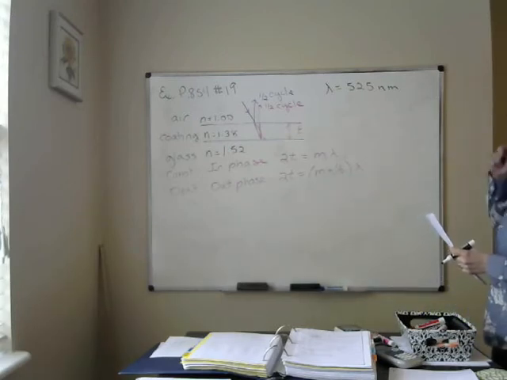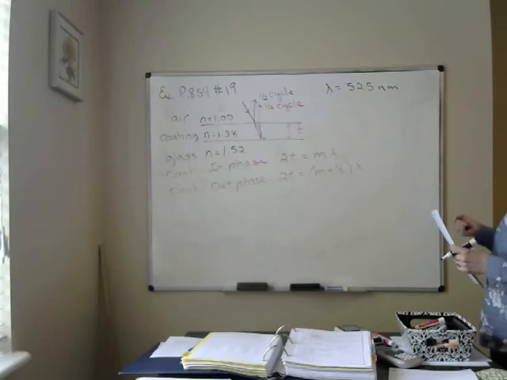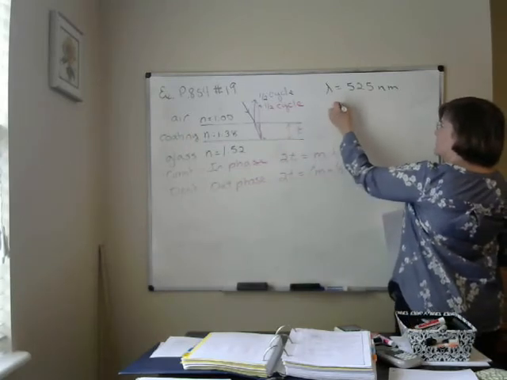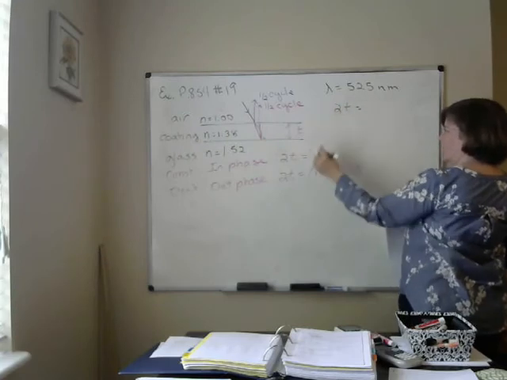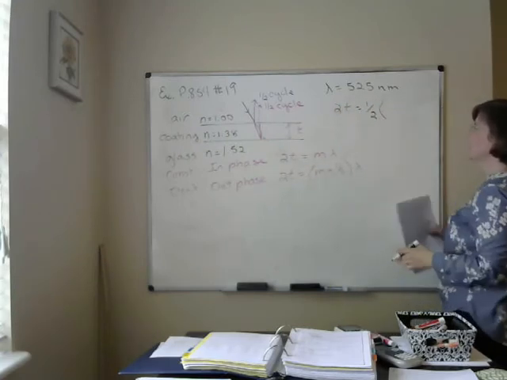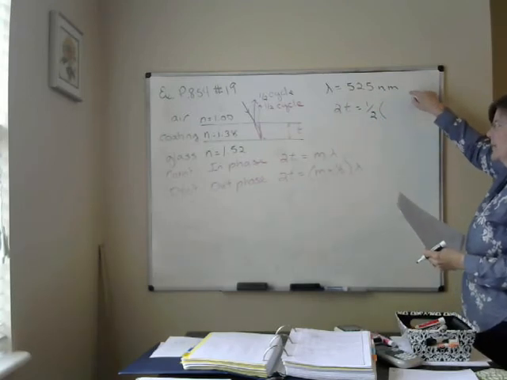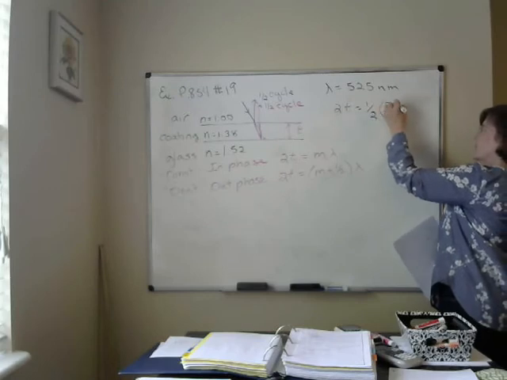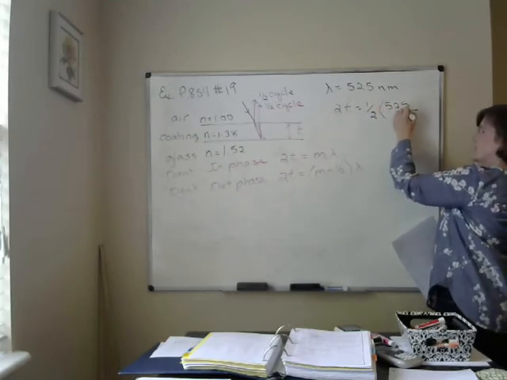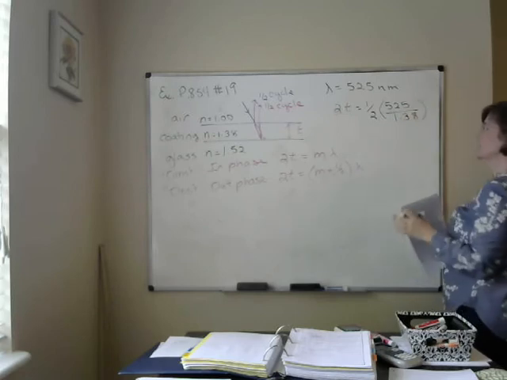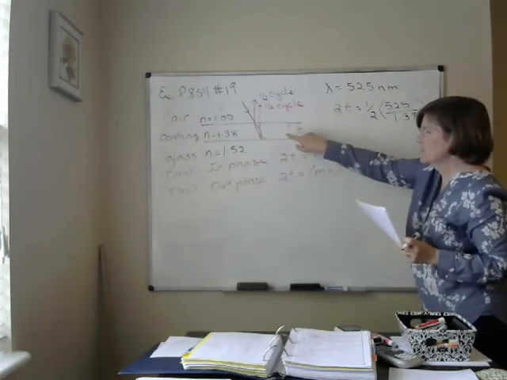If I want to have a non-glare coating with the minimum thickness, then 2t would have to equal 1/2 the wavelength, but not 525 nanometers. The wavelength in the coating, which would be 525 nanometers divided by 1.38, because that's the index of refraction of the coating.